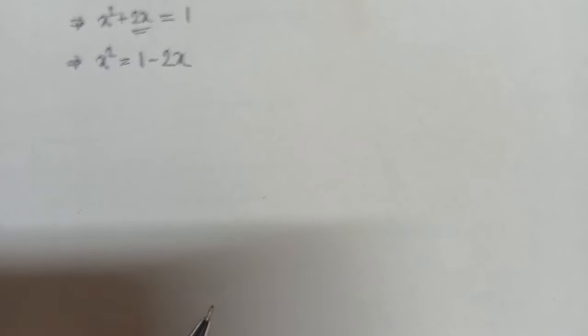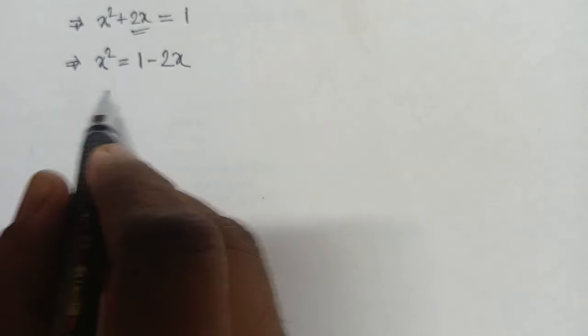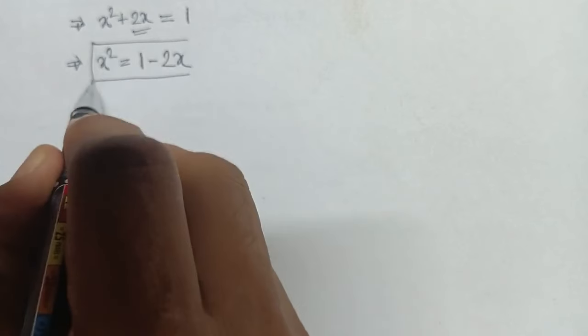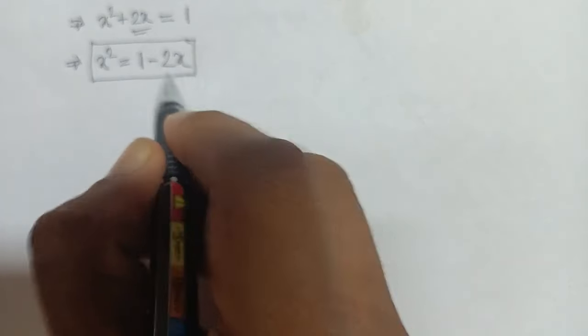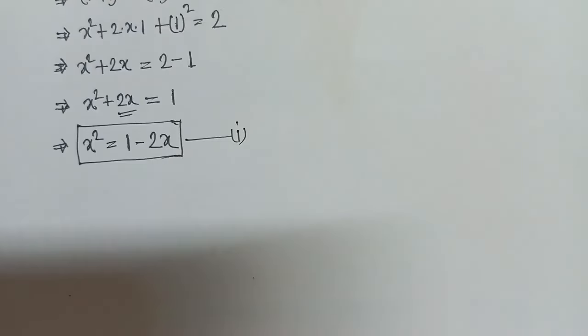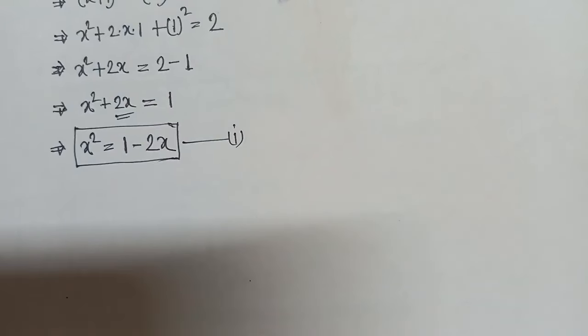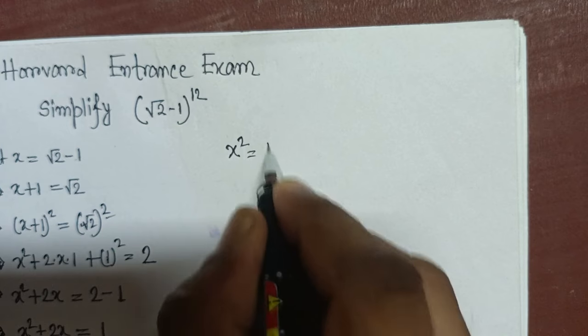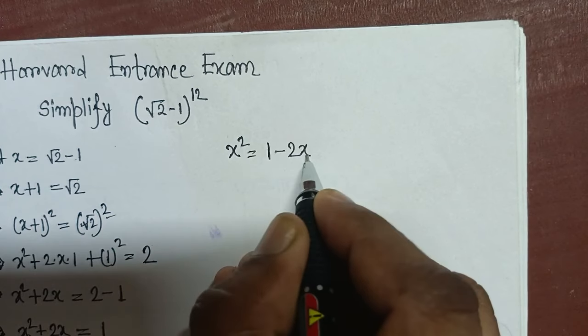So we got the value of x², and we call it equation 1. From equation 1 we get x² = 1 − 2x.